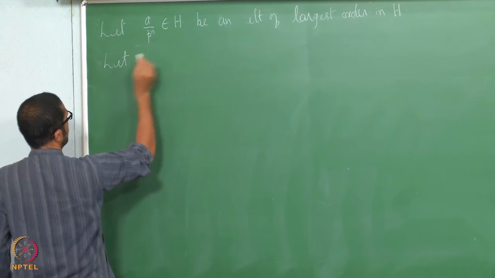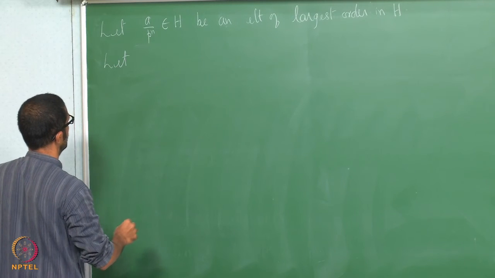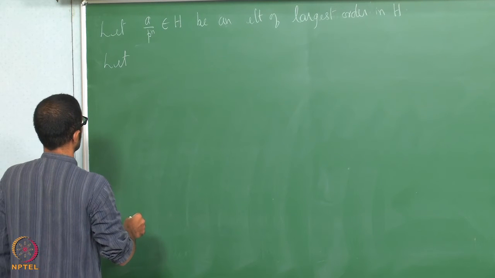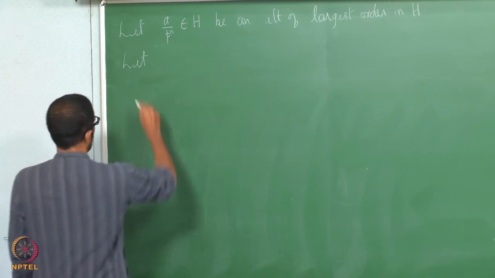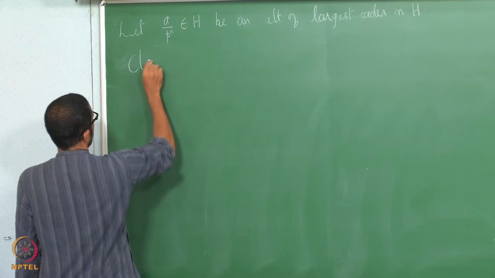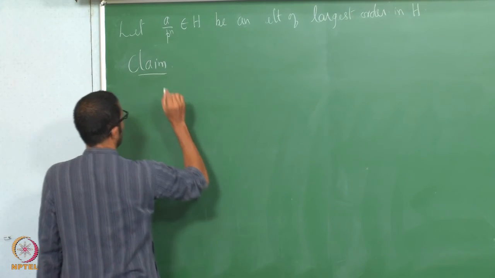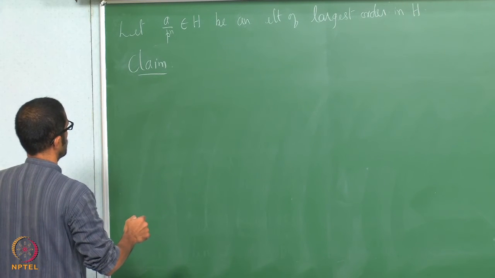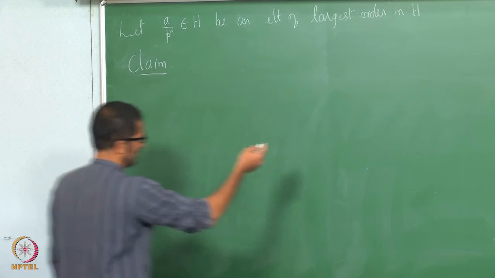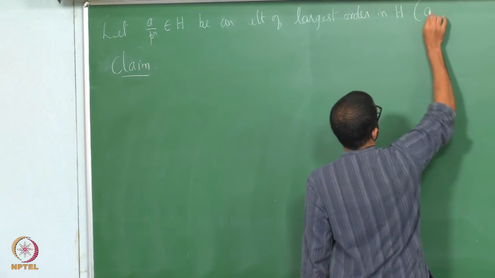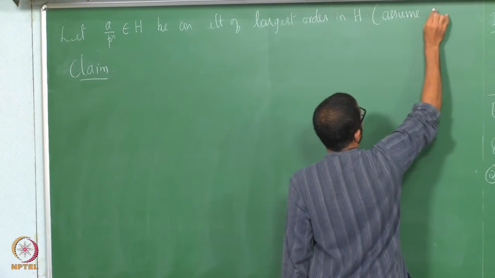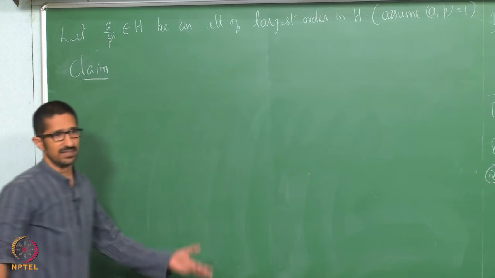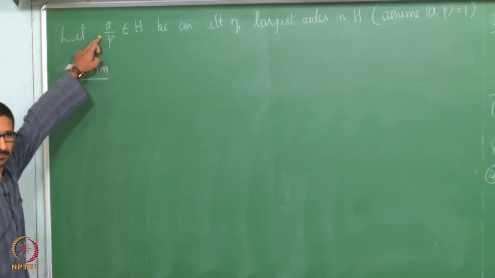and I claim that, I will assume a and p are co-prime, because we are anyway talking about rationals.